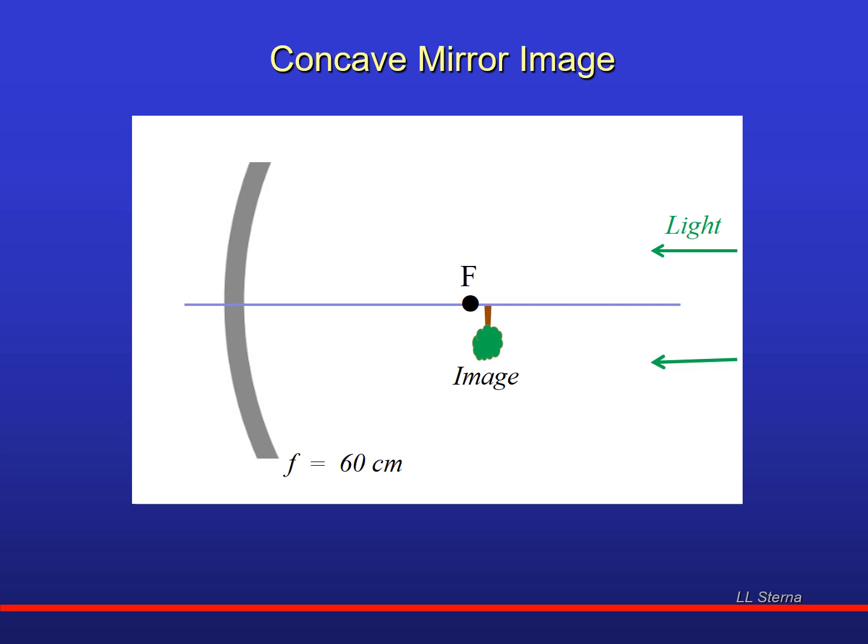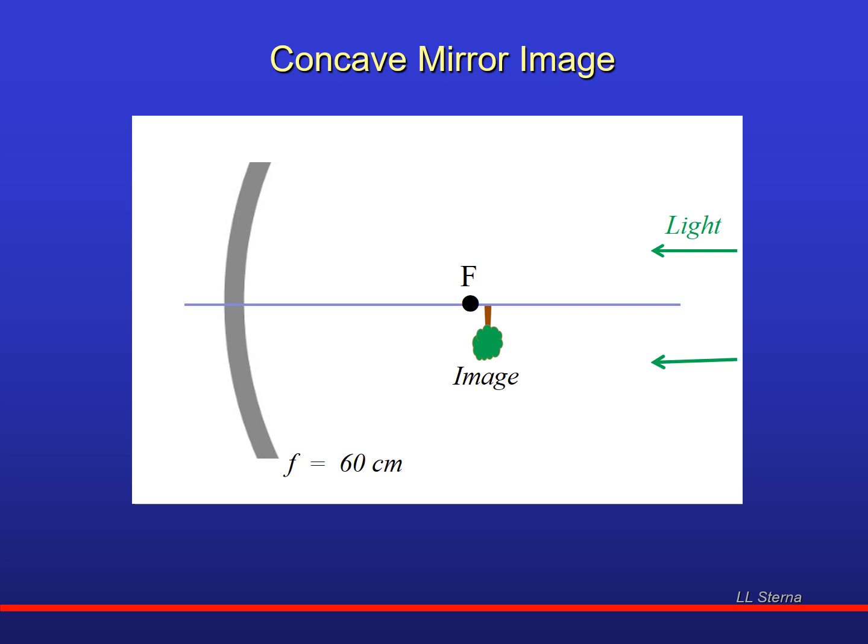You can either put a piece of paper to the side of the mirror and see the image, or tilt it to see the image on the wall. So in this case, the image is a tree. It's inverted. That's why the tree is upside down. You see the light is coming from the right. Now if you look closely at those light rays, they don't look exactly parallel.